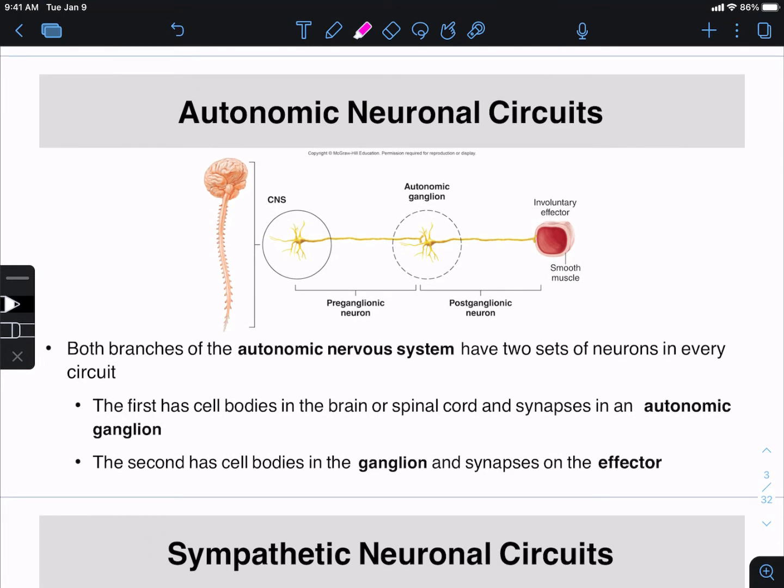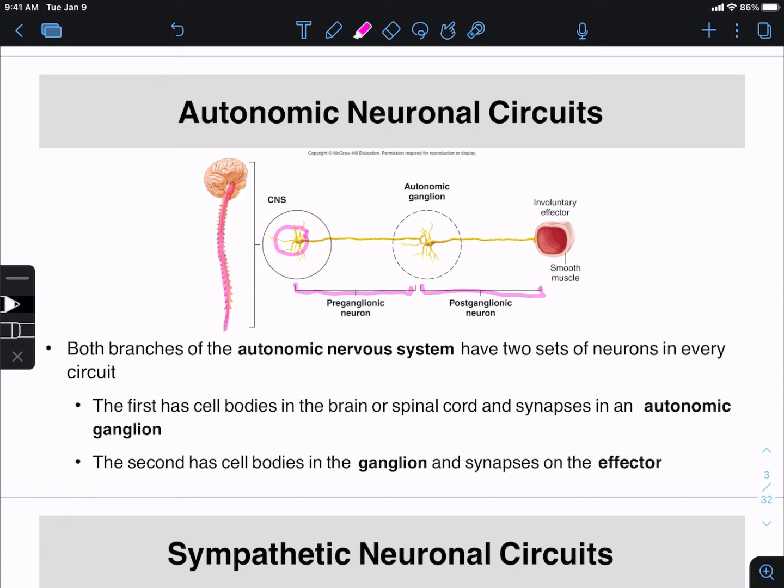Anatomically speaking, each neuronal circuit in the autonomic nervous system is composed of two neurons, a preganglionic neuron and a postganglionic neuron. The preganglionic neuron, its soma or cell body, is located within the spinal cord or the brainstem.